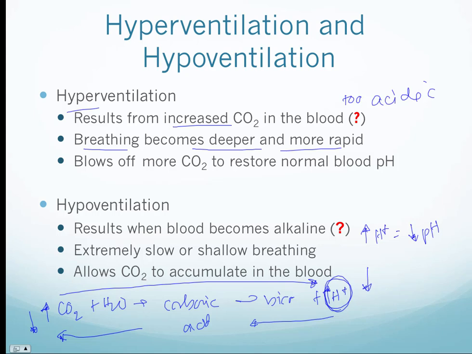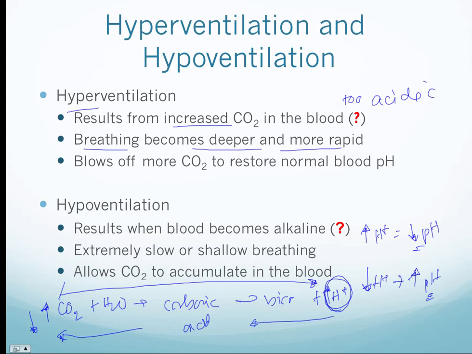Low amounts of hydrogen make the pH of your body more basic, and that's how you can go from that more acidic environment to help neutralize it, so not making it more basic, but helping neutralize that pH to the physiological normal pH of the body. So you're blowing off all that carbon dioxide.